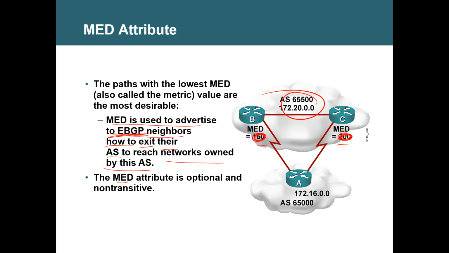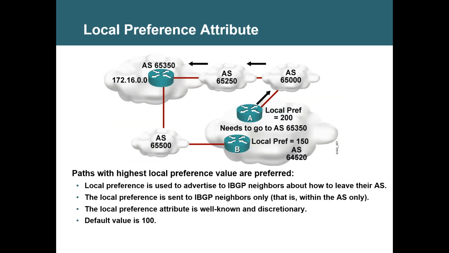A will not use it if that MED is not found when B and C advertise. Even though in this circumstance MED is not used, that's why we call this optional.